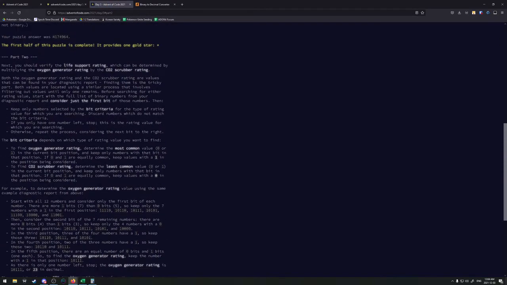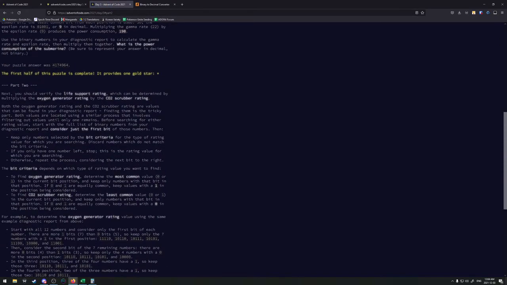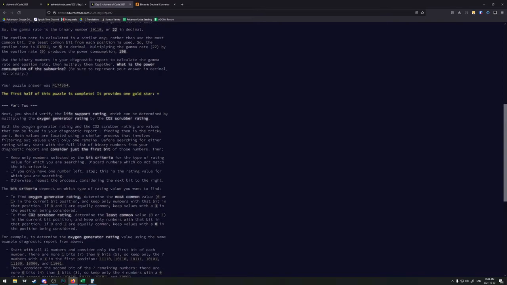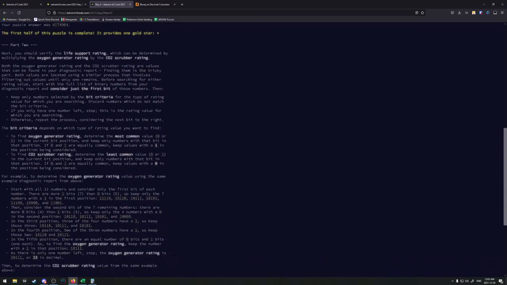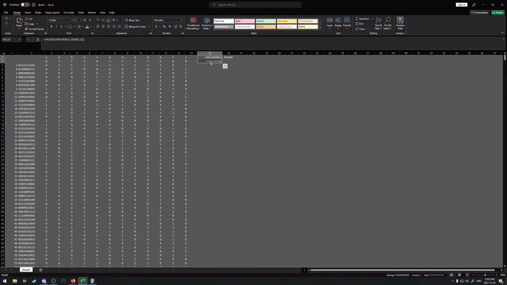Okay, part 2. You verify the life support rating, which can be determined by multiplying the oxygen generator rating by the CO2 scrubber rating. Okay, so this is recursive.